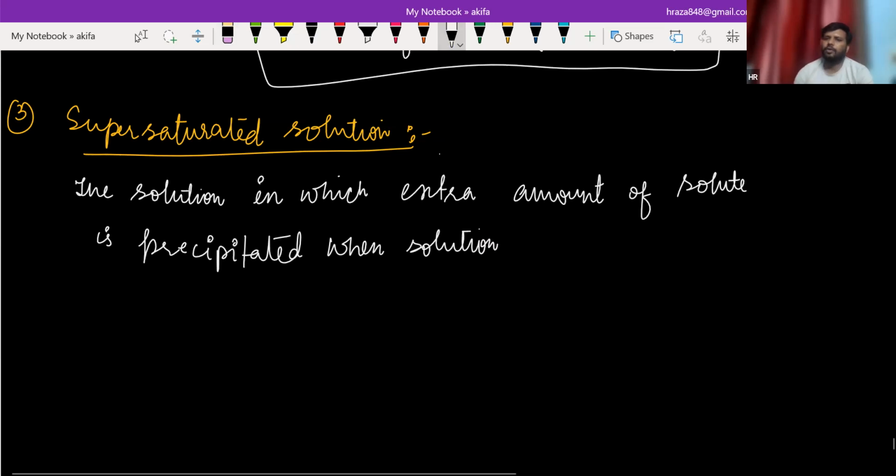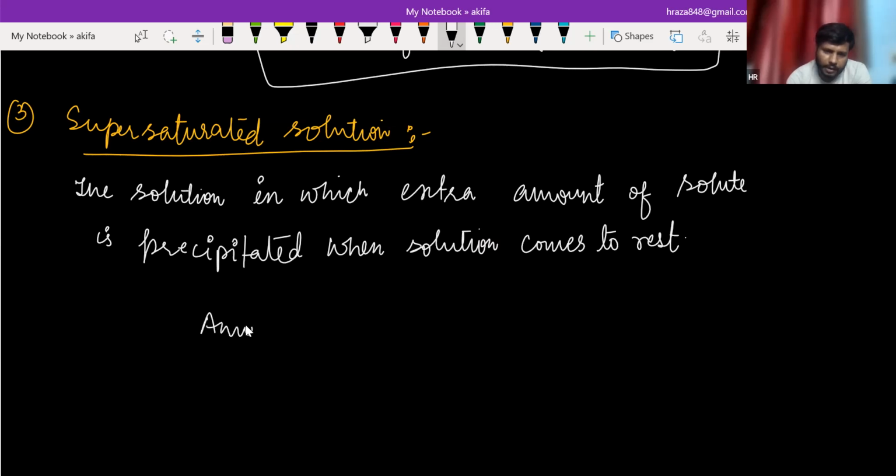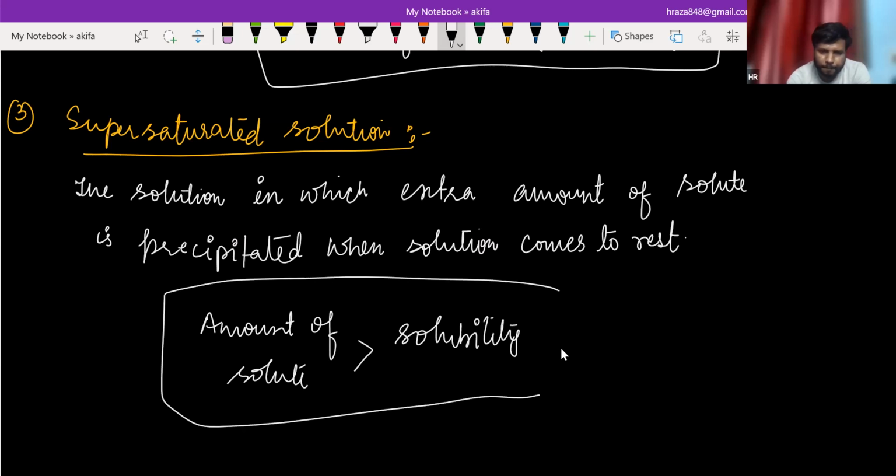That means first it dissolved, and then when the solution comes to rest, some part is precipitated. PPT is formed. That means here the amount of solute is greater than solubility. And you can write it is less stable.